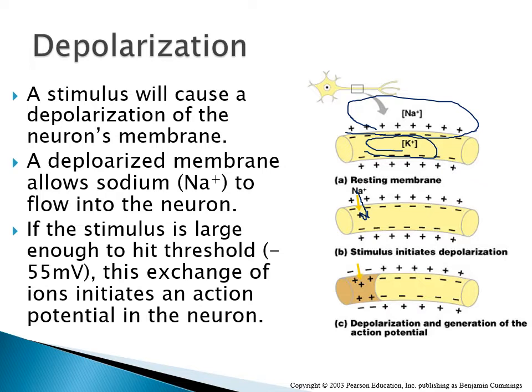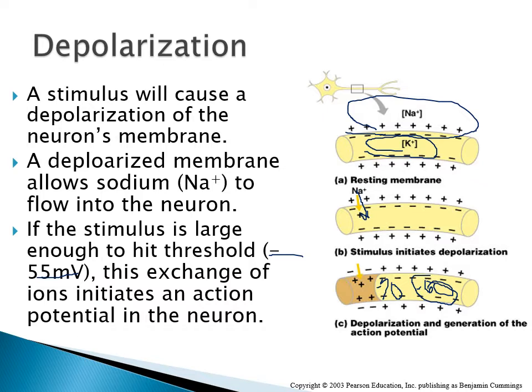Now we've got more positive inside, so instead of being -70, we're going to increase to, let's say, -60. Now at -60, nothing's going to happen because it's not a large enough signal. We need that threshold to hit -55 millivolts. When that happens, it's going to cause an action potential to take place.